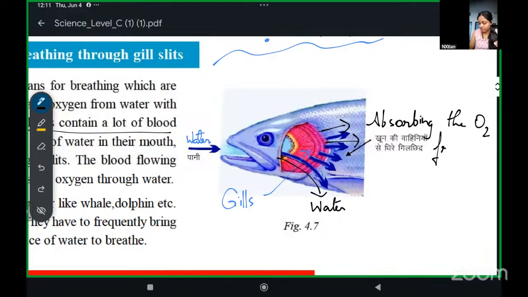The molecules go into the fish's bloodstream, and the water goes out. That is how breathing takes place in the fish.